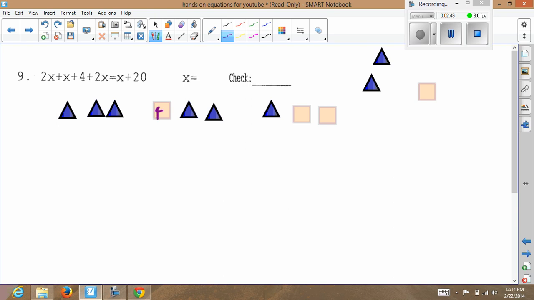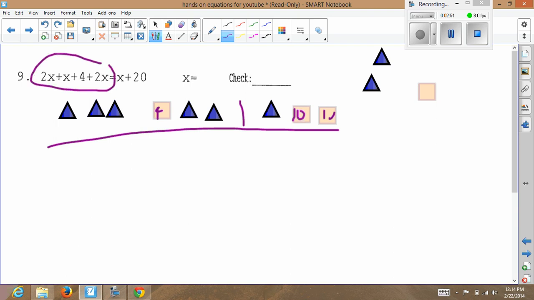Earlier I told you I could think about all of the x's on this side, the 2x, the x, and the 2 more x's, not as individuals but as a whole group, because I'm combining those like terms. So I have 5x plus 4 equals x plus the two 10s, which make 20.